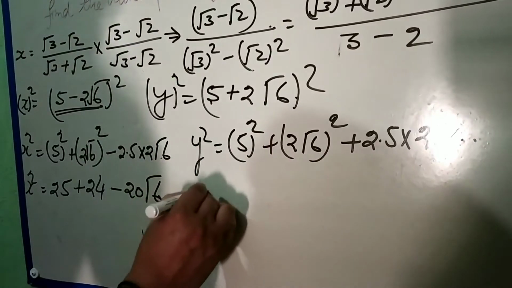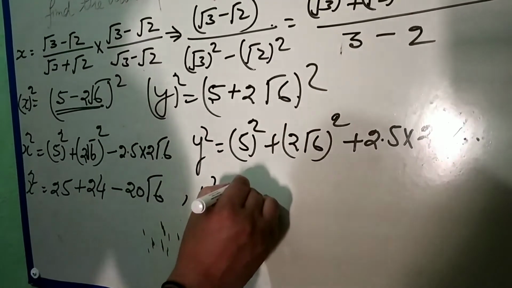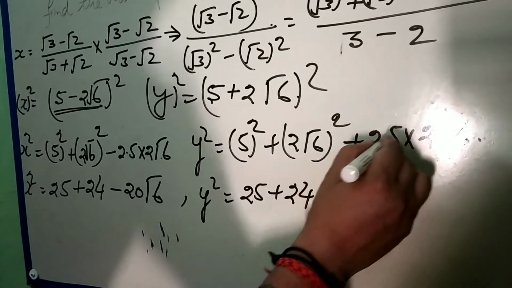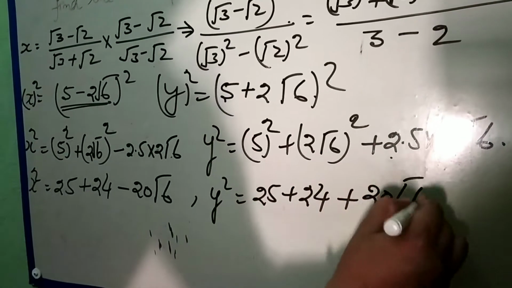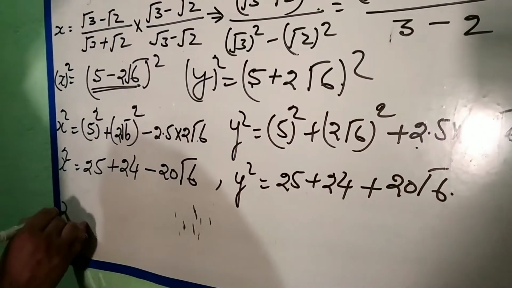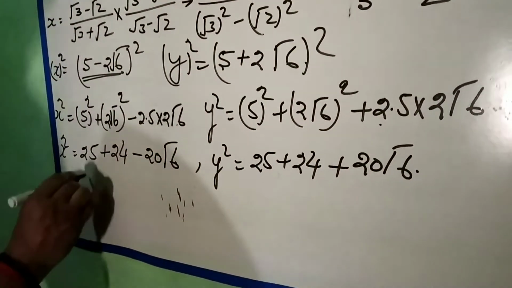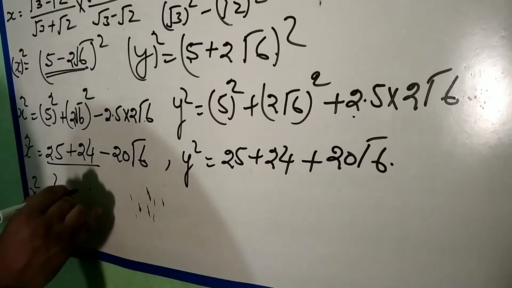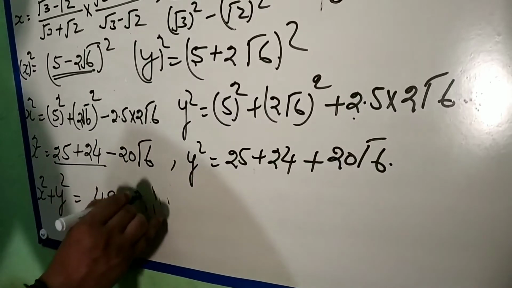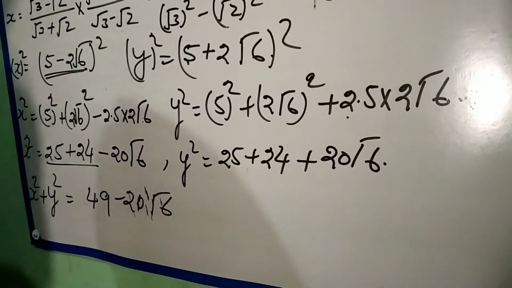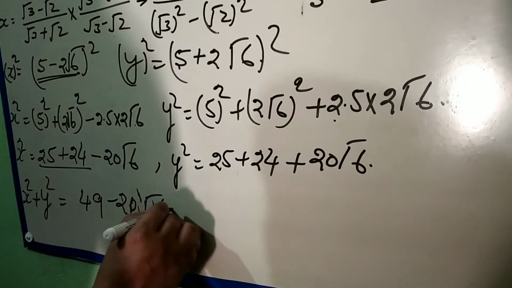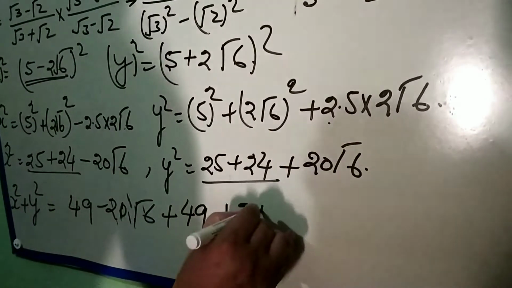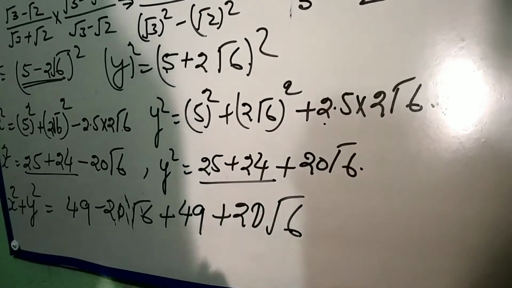and y का square, what we have got, the same number 25 plus 24 plus 2 5 या 10, 2 या 20 root 6. Now add them, x का square plus y का square, that is 25 plus 24, how much is it, 49 minus 20 root 6, and here y का square is again 49 plus 20 root 6.